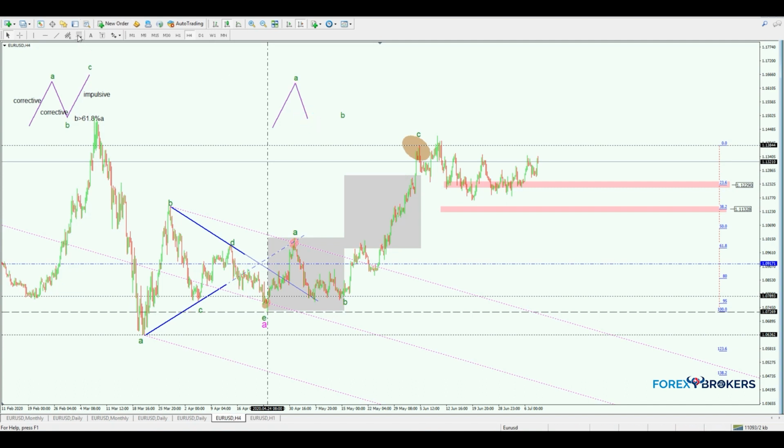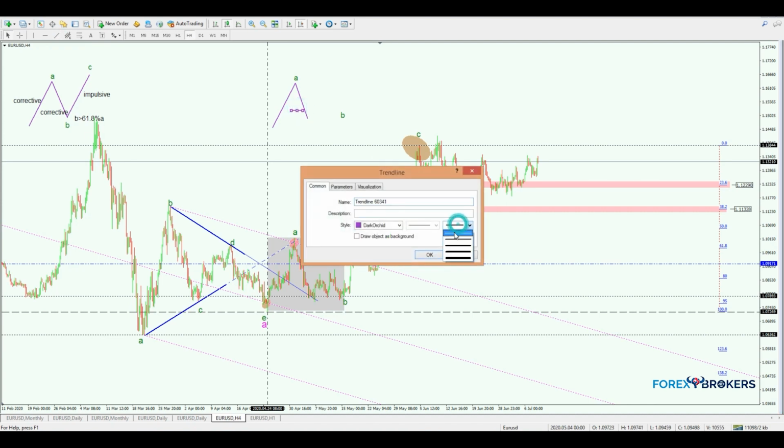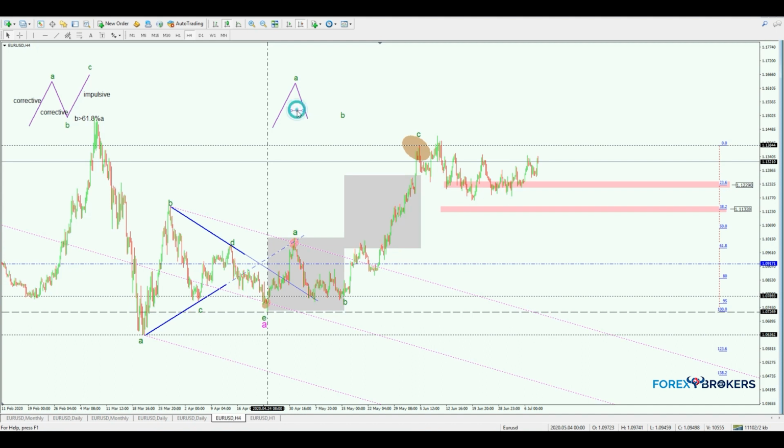So the key here is to find the 61.8 level of retracement compared with wave A, and the 80% retracement compared with wave A. The minimum distance for the B wave to retrace is 61.8, so the B wave should end between these two lines.